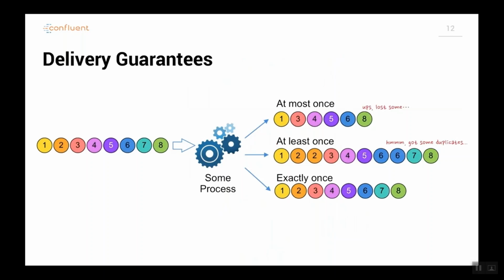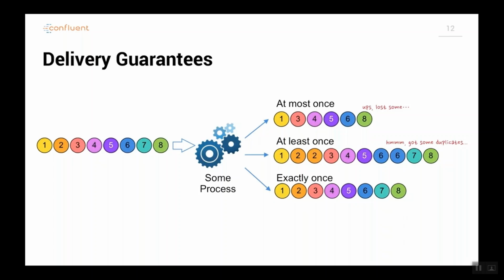And then a little bit more on delivery guarantees. There's 3 different delivery guarantees that Kafka can support for your data, and processing guarantees as well on the consumer side. There's at most once, at least once, and exactly once.